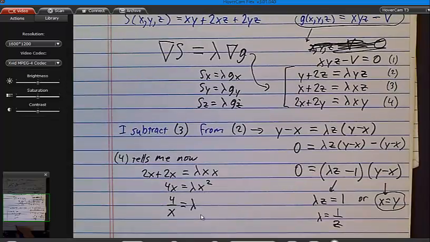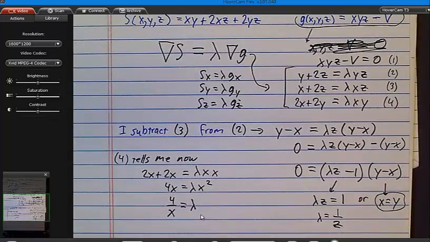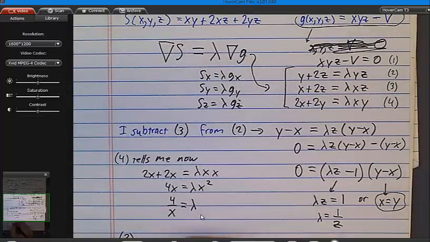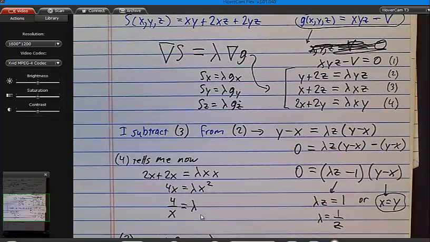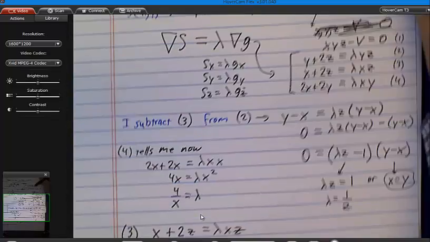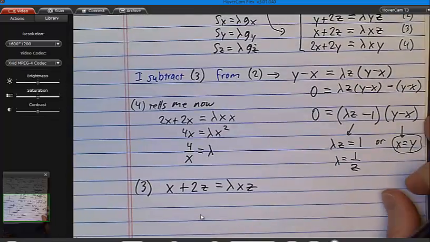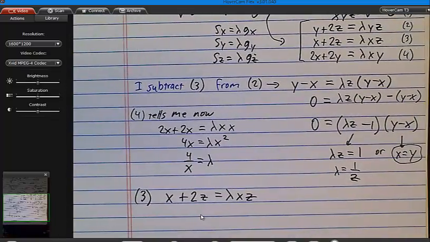Let me write equation 3 again. So equation 3 said x plus 2z equals lambda times x times z, right? Let me show that a little better. Sorry about that. I guess one thing to tell you guys, in Lagrange multipliers, remember that lambda is the variable I don't really care about, right? So it ends up being a good thing if you can actually get lambda by itself, like I did here.